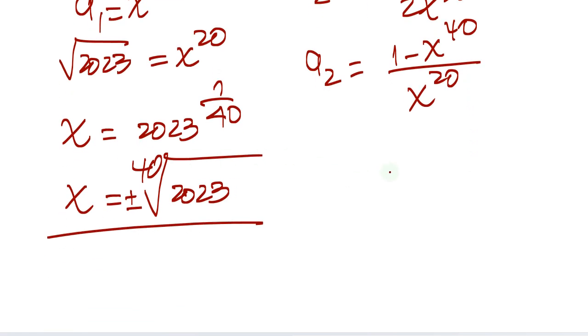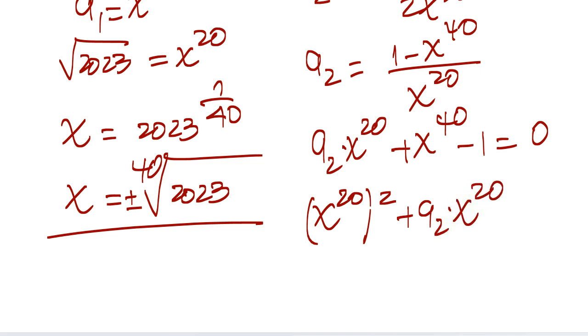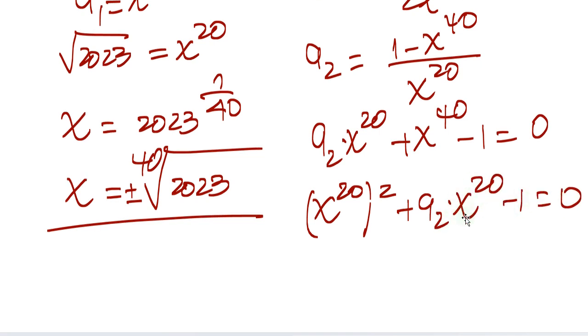So from here then we're going to have a2 times x to the 20 plus x to the 40. So I'm just bringing them to the left side, and then minus 1 equals 0. So we're going to have x to the power of 20 squared plus a2 times x to the 20 minus 1, and this is equal to 0.